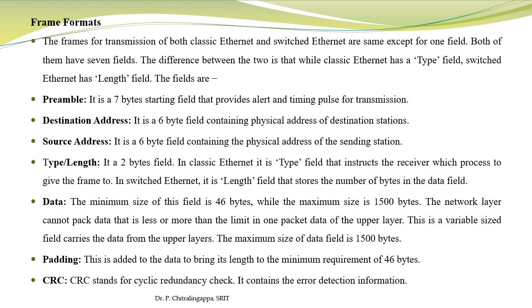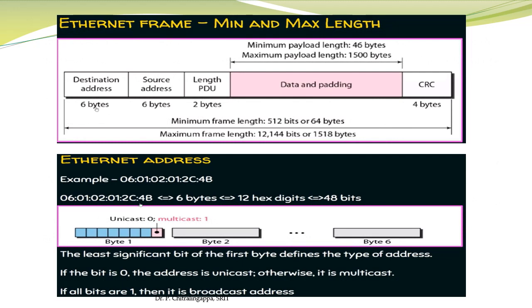The frame format is: preamble, destination address and source address, type and length, data, padding, CRC. This is the Ethernet frame. The minimum payload length is 46 bytes, and the maximum payload length is 1500 bytes of data.